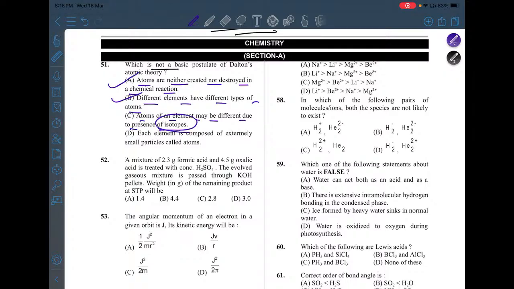Till Dalton gave his atomic theory, isotopes were not discovered, so this is incorrect. Each element is composed of extremely small particles called atoms. This is also correct. So we have to choose the incorrect one, and option C is our answer, because according to Dalton all the atoms of the same element are the same.